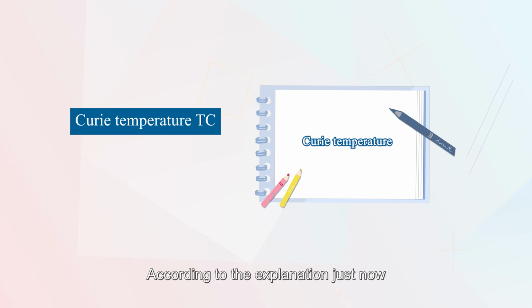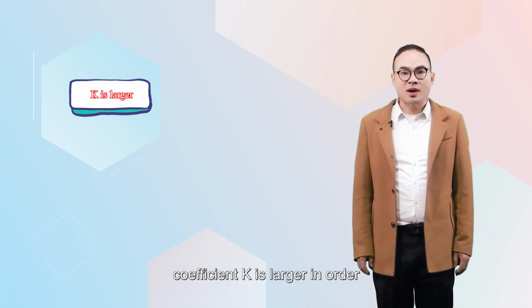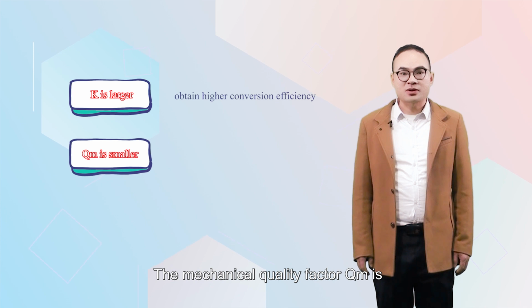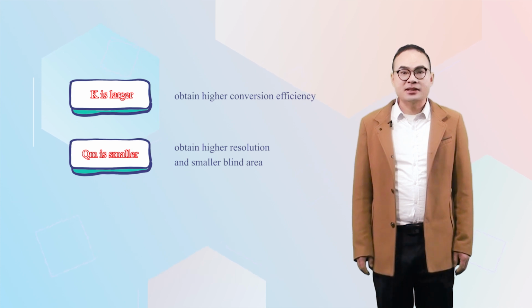According to the explanation just now, the requirements of the ultrasonic probe for the wafer are: 1. The electromechanical coupling coefficient K is larger, in order to obtain higher conversion efficiency. 2. The mechanical quality factor Qm is smaller, in order to obtain higher resolution and a smaller blind area. 3.